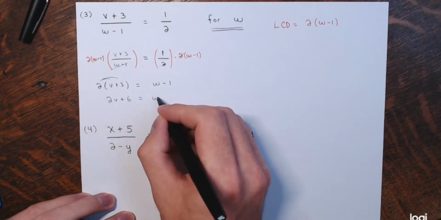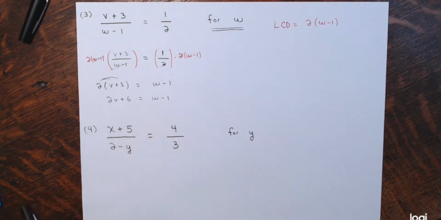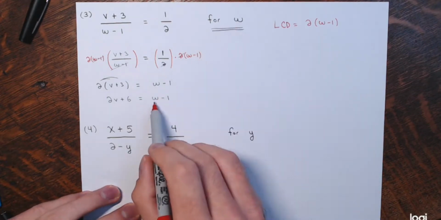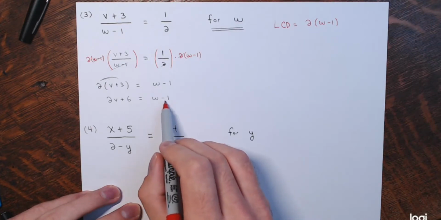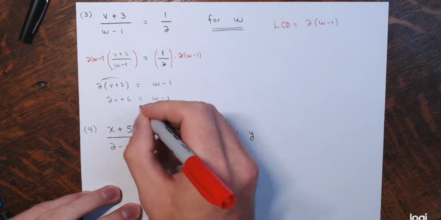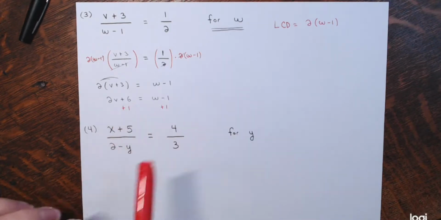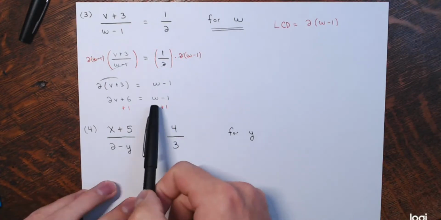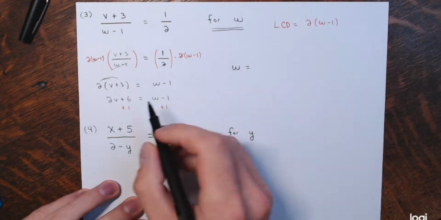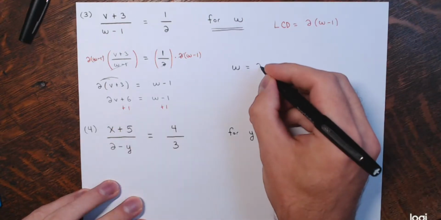Then I have equals w minus 1. And again, we want to get w alone. Well, the only term with w is on the right side, so just get rid of this negative 1 that doesn't have w, again by adding 1 to both sides, and I get the following. One of the sides has w equals, the other side would be 2v plus 7.